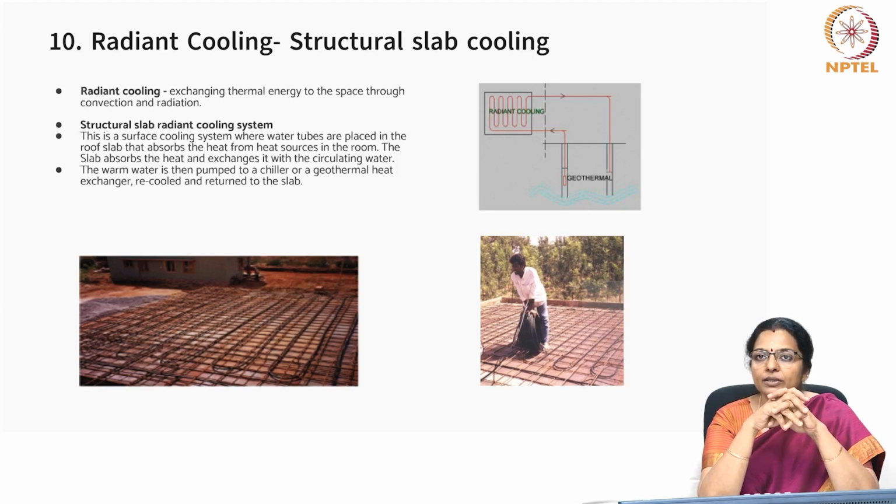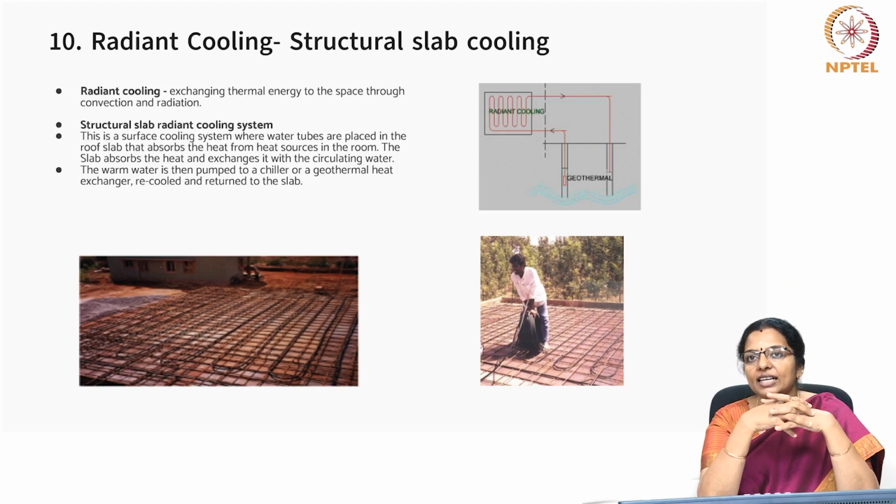In these pipes, cool water is run through. Because of conduction and radiation, the cool water inside the tube cools the entire floor slab or the roof slab in which it is embedded, and that gets radiated inside the room, making the rooms very cool.